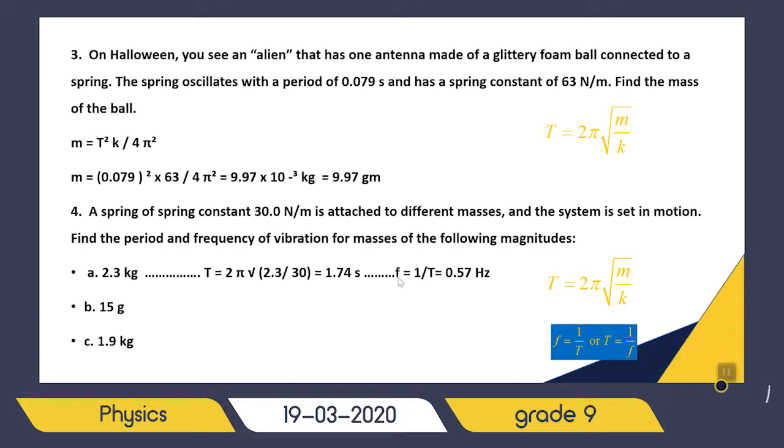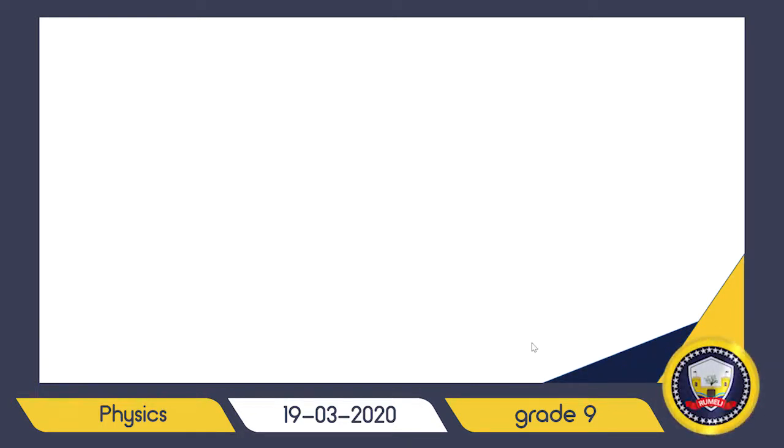And calculating f equal 1 over T means 1 over 1.74, it equals 0.57 hertz. We are going to do parts B and C the same way, by direct substitution in these two formulas, calculating the period, then the frequency.